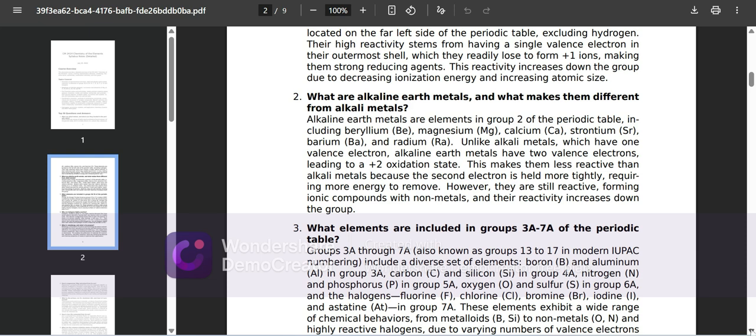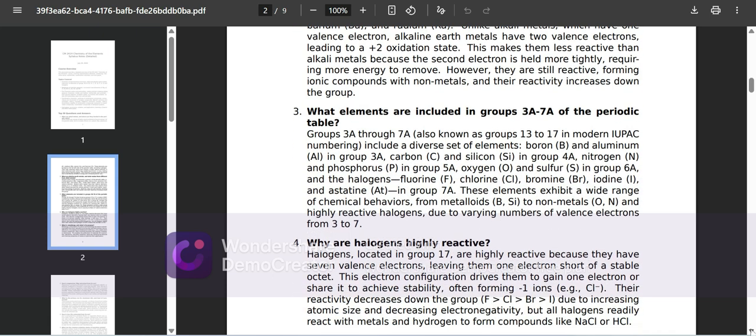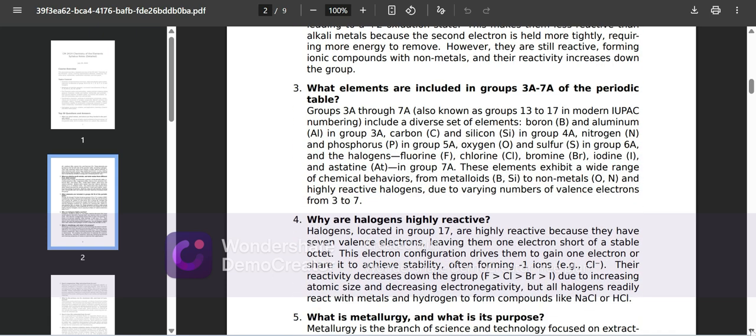This makes them less reactive than alkali metals because the second electron is held more tightly, requiring more energy to remove. However, they are still reactive, forming ionic compounds with non-metals, and their reactivity increases down the group.